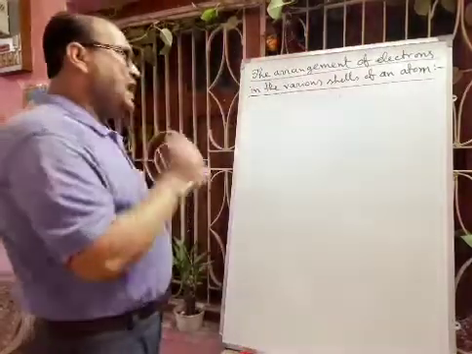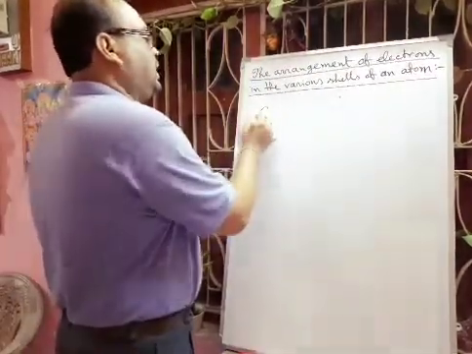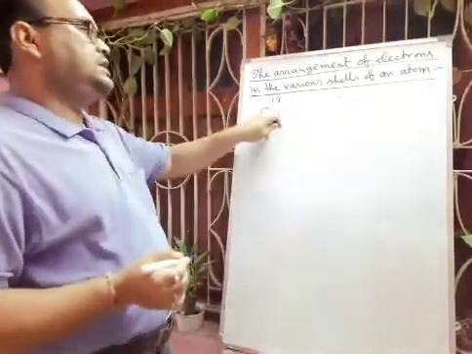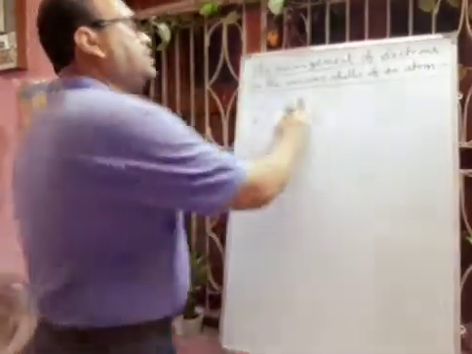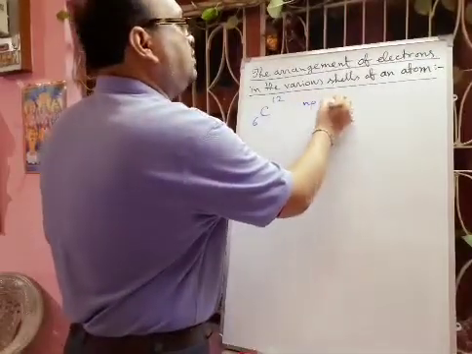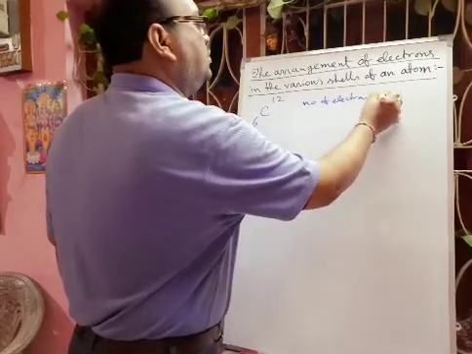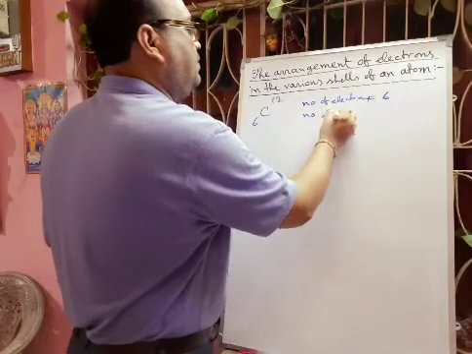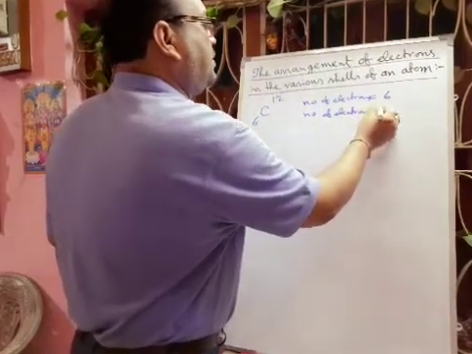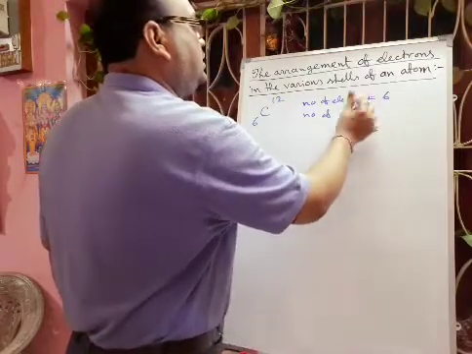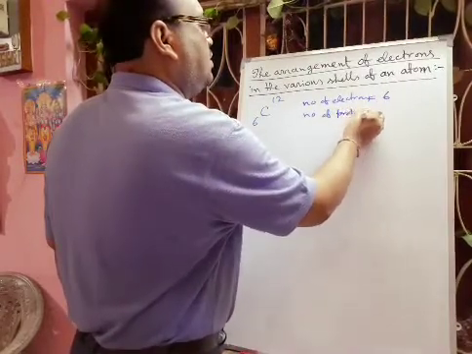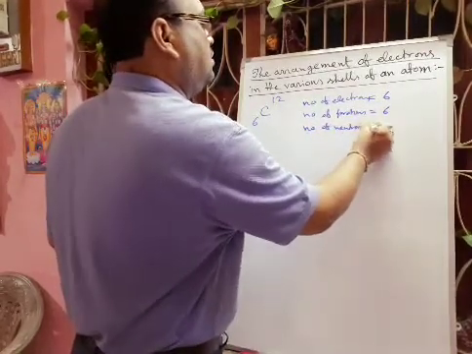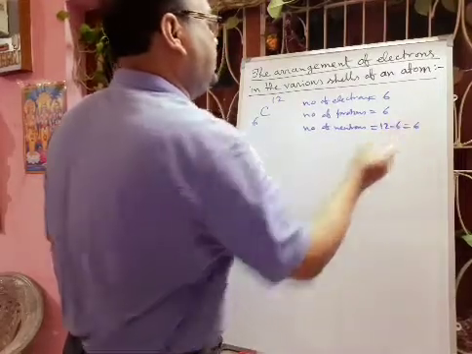Next we will go to carbon, C with atomic number 6 and mass number 12. So the number of electrons in carbon will be 6, the number of protons will also be 6, and the number of neutrons will be 12 minus 6, that is 6.